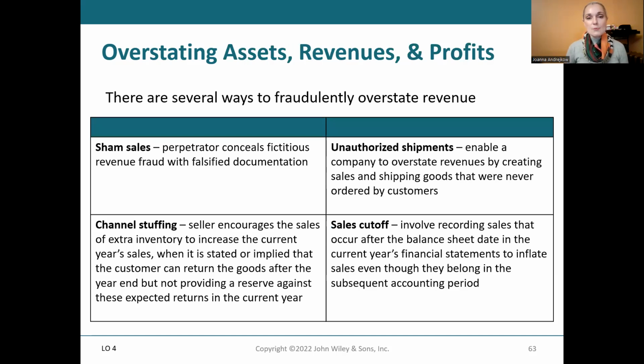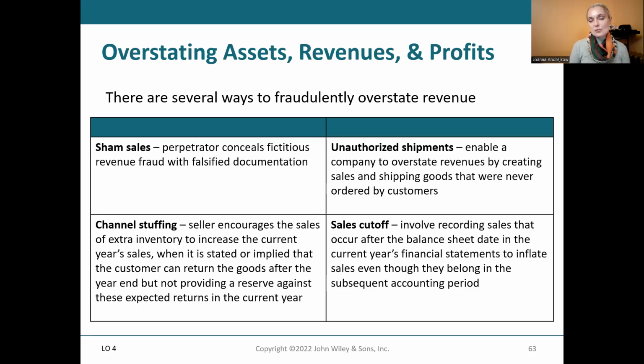There are several ways to fraudulently overstate revenue. One of them is sham sales, in which perpetrators conceal fictitious revenue fraud with falsified documentation. So you make these fake sales that don't really exist.